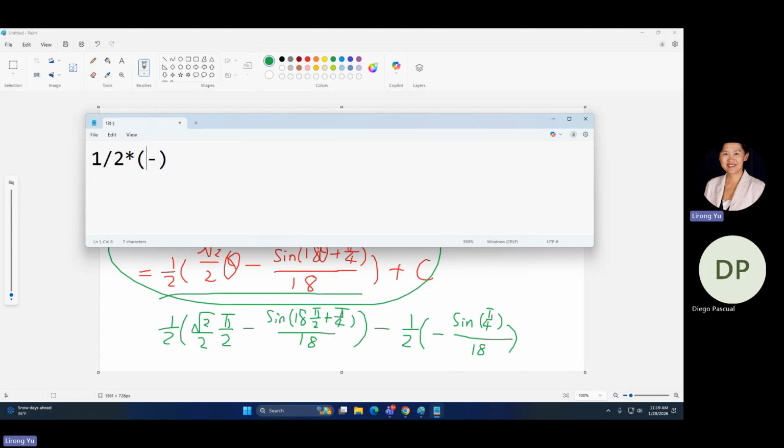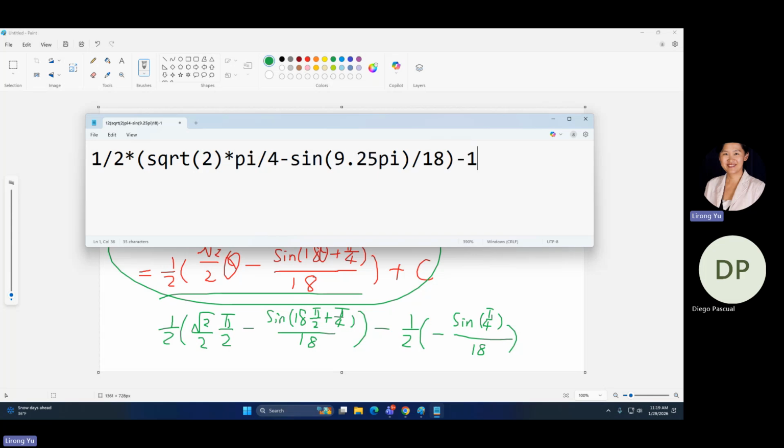The first number is root 2 times pi, divided by 4. The second number is sine of 9 pi plus pi over 4, so it's 9.25 times pi. That was the sine divided by 18. That was the upper limit value.